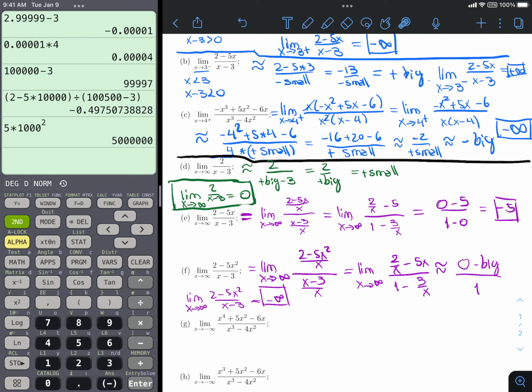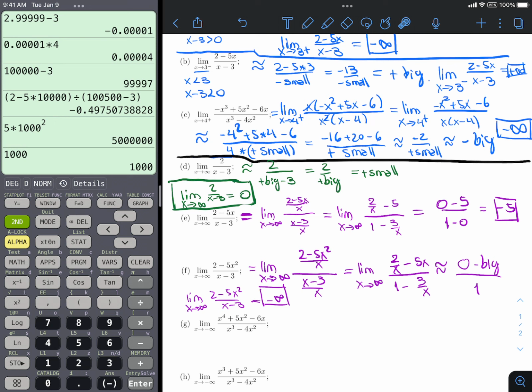And what about just 1,000 at the bottom minus 3? That's about 1,000. So even though the bottom is still big, the top is way bigger because it's squared. You're dividing something big by something that's still big but not big enough, so the result is still big.